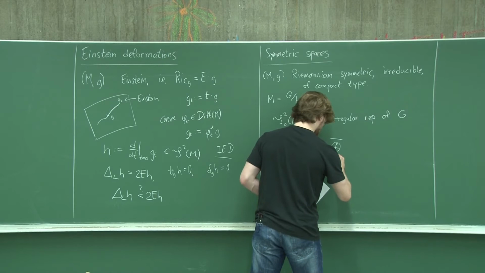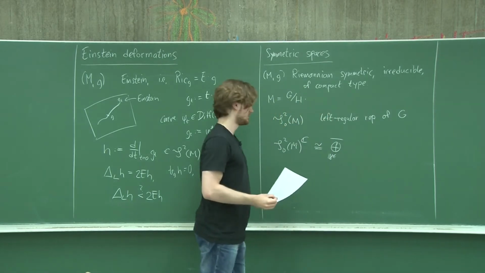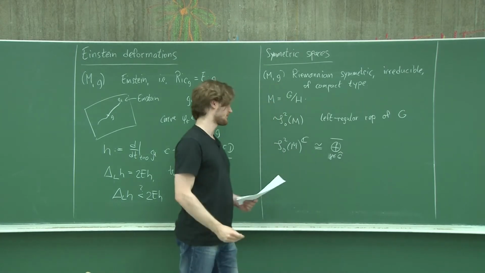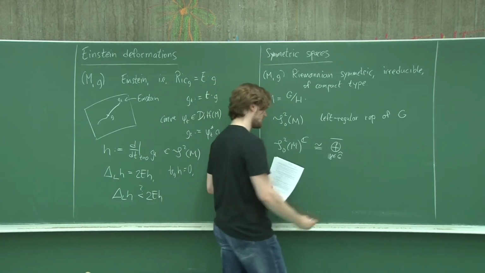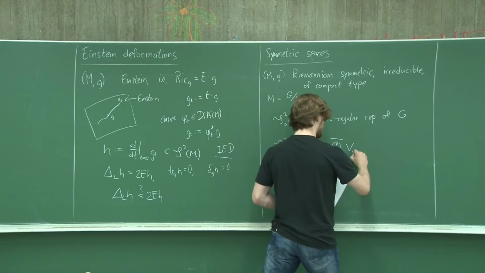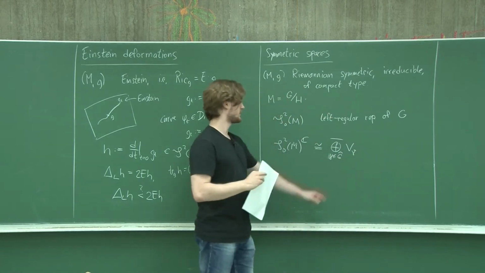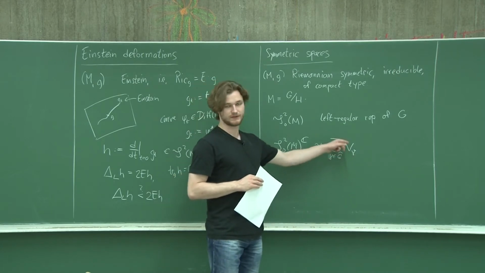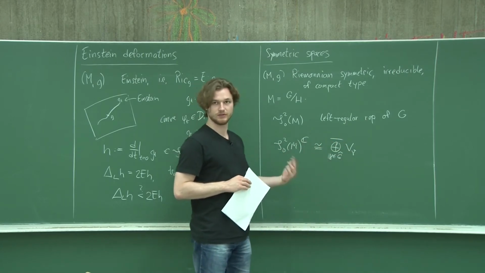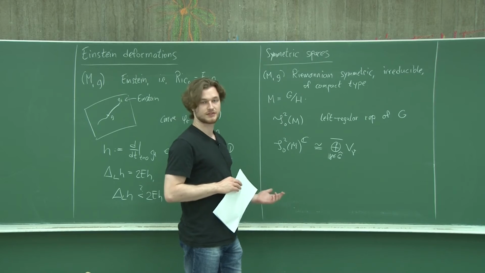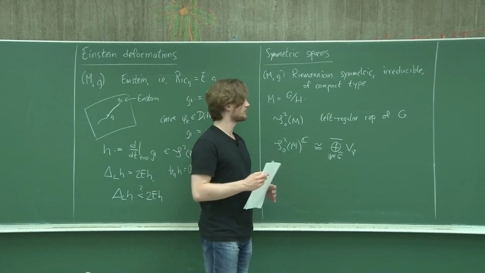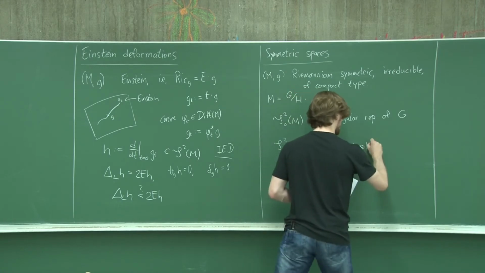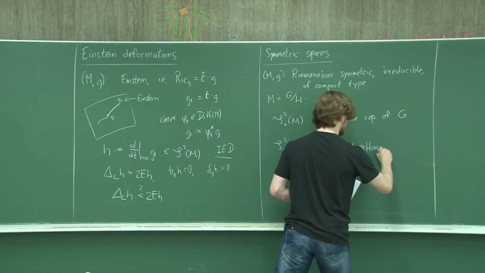So the sum runs over all highest weights of representations of G. And we have as summand the representation V gamma, where V gamma is the up to equivalence unique irreducible representation with highest weight gamma. And this occurs with a certain multiplicity, which is counted by this Hom space.